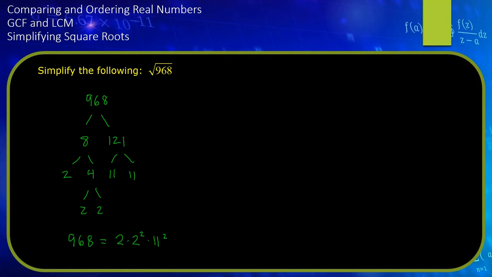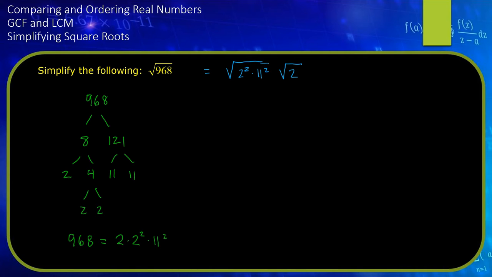Now, typically I would have written it as 2 cubed times 11 squared, but there's a very specific reason why I wrote it this way. And that's because, again, I'm trying to separate parts of this number that are perfect squares from those that are not. Because what I'm going to do is, when I simplify this square root, I'm going to put the 2 squared times 11 squared in one radical.